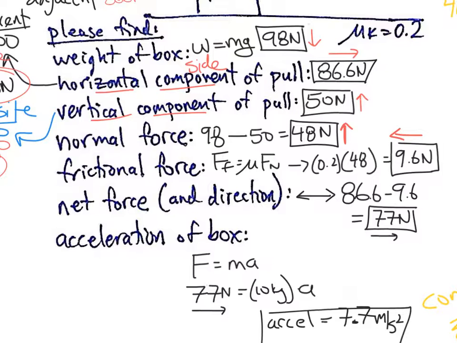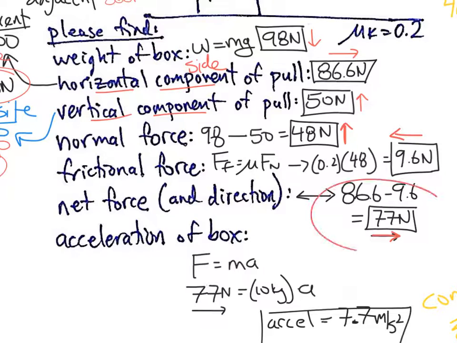Notice if we look at these arrows, 48 and 50 up, 98 down. And then when we talk about net force and direction, this is pull to the side, and this is friction pulling back. So we have 86.6 pulling to the right and 9.6 pulling back. Those are in opposite directions, so we subtract, giving 77 newtons, and the direction looks like to the right.